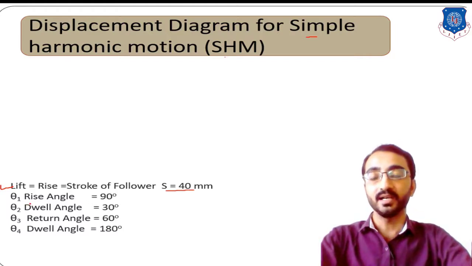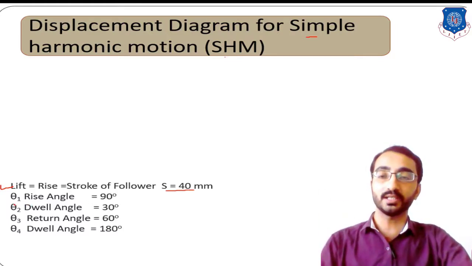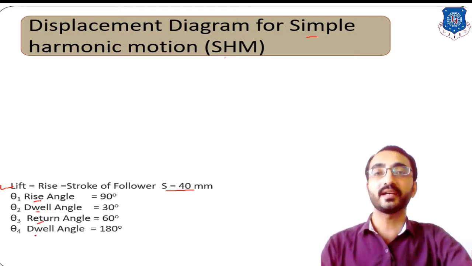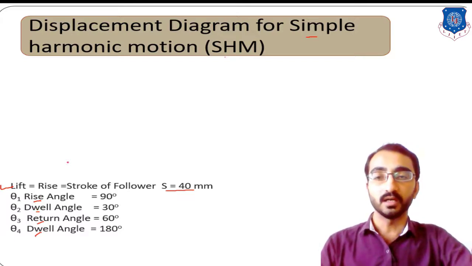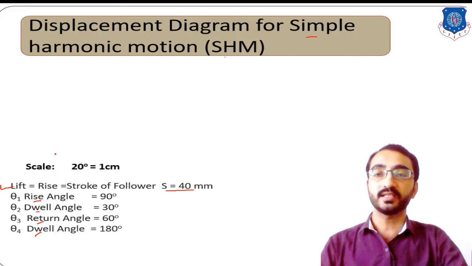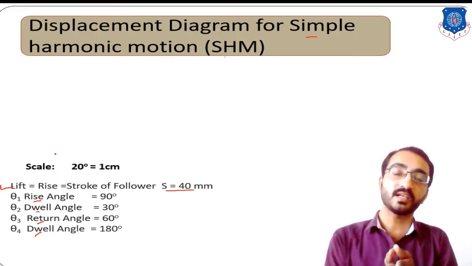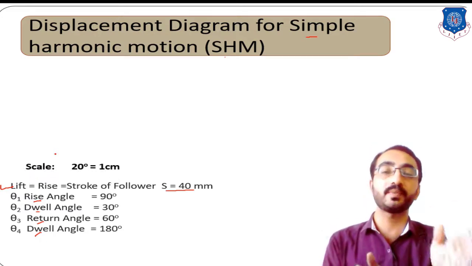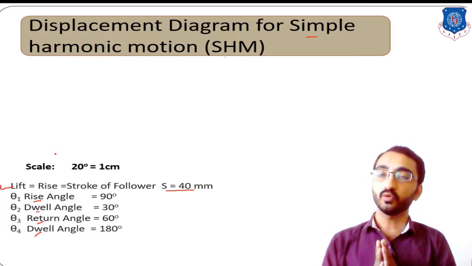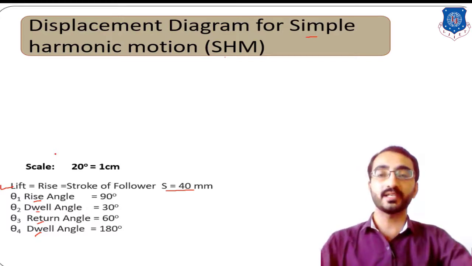Then we consider one revolution, the total 360-degree rotation, divided into four phases: rise, dwell, return, and again dwell. To sketch this on a horizontal line, we have to consider a certain scale. Let's consider 20 degrees represented by 1 centimeter, so 20 degrees is represented by 10 mm.